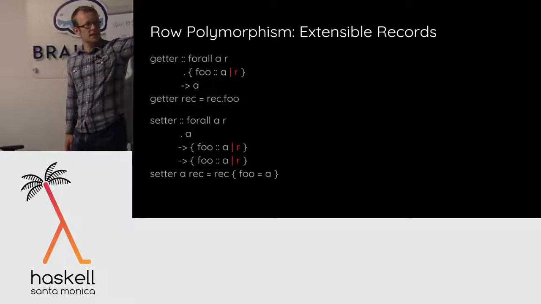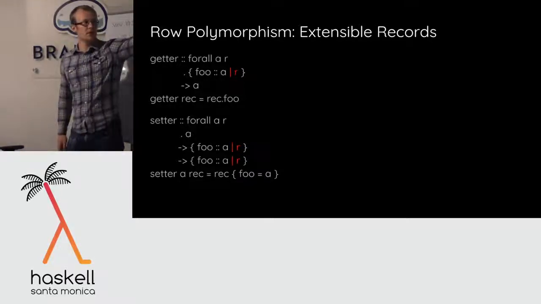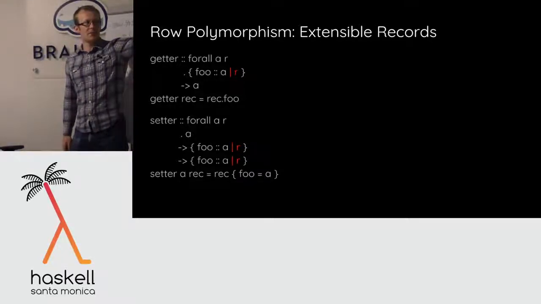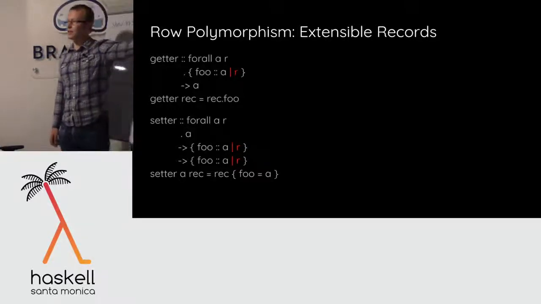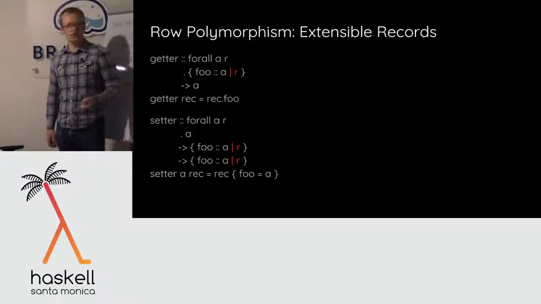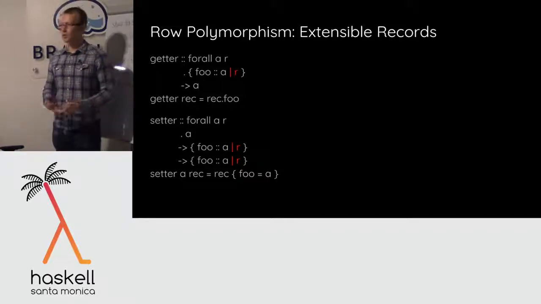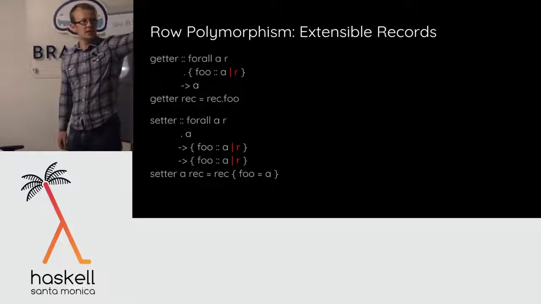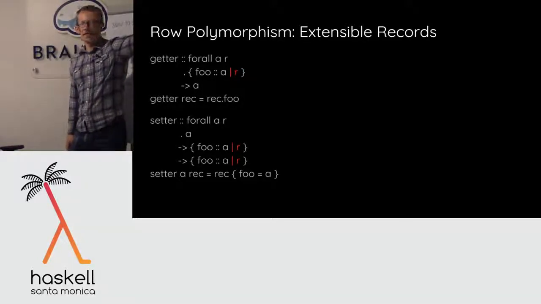So it certainly takes an object as its input, and it returns some type A, and the object that it takes in has a foo label with A in that label, okay? But there's nothing to stop us passing in an object with more than just a foo property, right? I can say getter takes a record with a foo property and any other properties, and gives me an A, okay?